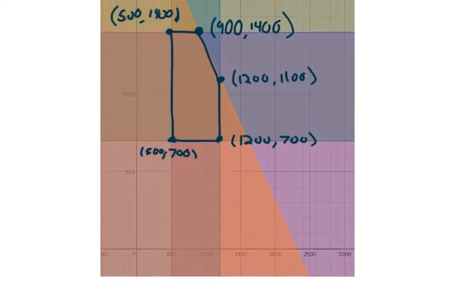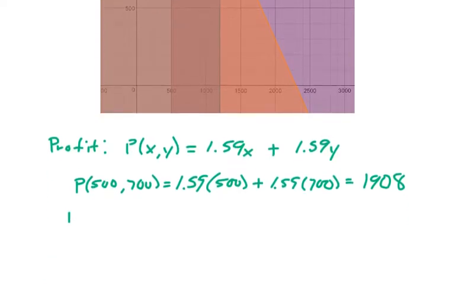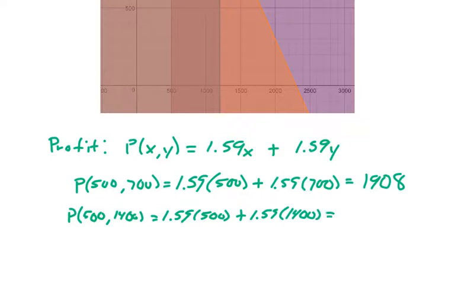We're just going to keep working our way around the polygon, going clockwise. So next one's going to be 500, 1,400. So profit when we produce 500 widgets and 1,400 gadgets is going to be 1.59 times 500 plus 1.59 times 1,400, and when we do that, we get a profit of $3,021.